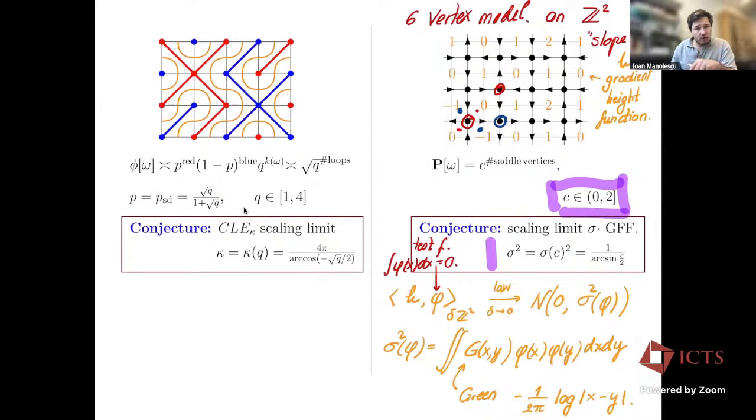When C is larger than 2, the function is localized, meaning if you put, say, zero boundary conditions and you look at it in a very large domain, it's still going to behave very closely to 0, even in the center. It's going to be tight. So it's not going to have the natural fluctuations which you expect of the GFF, and therefore it's not going to present universality properties, for instance, at least not in the regime of zero slope.